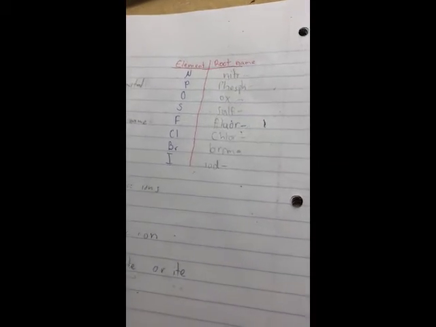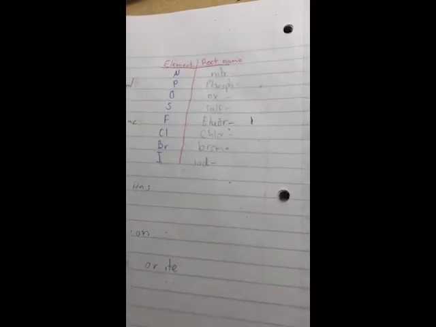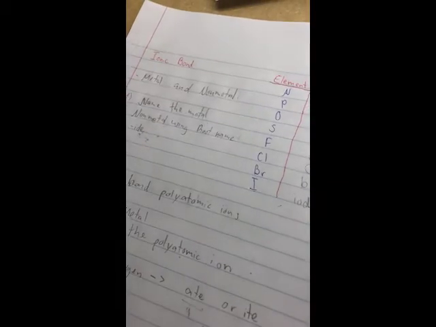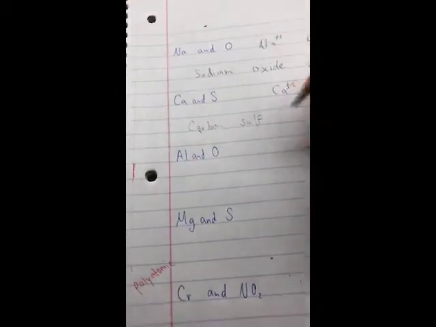The second is name the non-metal using its root name, so sulfur is sulf. And the third rule is add IDE to the non-metal. So you have carbon sulfide.